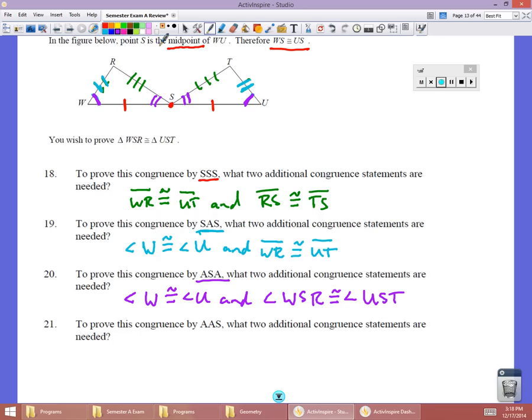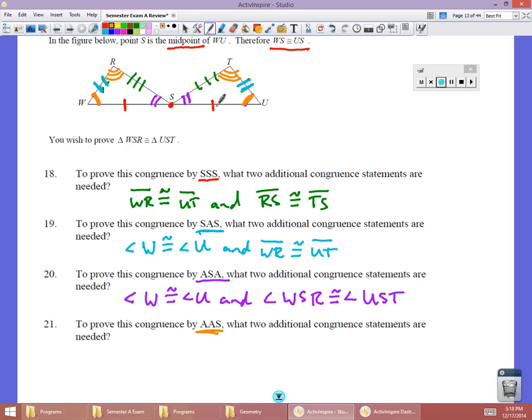Alright, finally we have 21, so we're going to choose the orange pen for this one, and this time we want to use angle angle side. So similar to the last one, except that the side is not the included side, and so once again we're going to choose our angles W and U. We're going to use that angle, and then we want to use the other angle that's not included, which would be this angle up at the top, and we're going to mark that angle R and angle T. So now you can see we have two angles and the side that's not included.